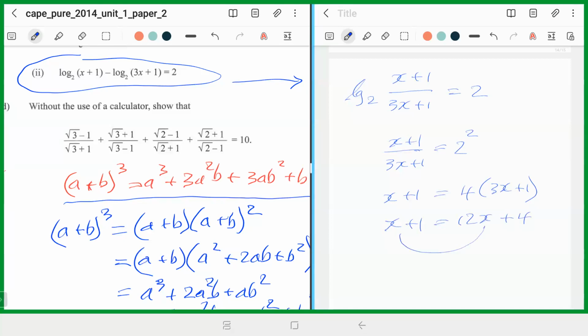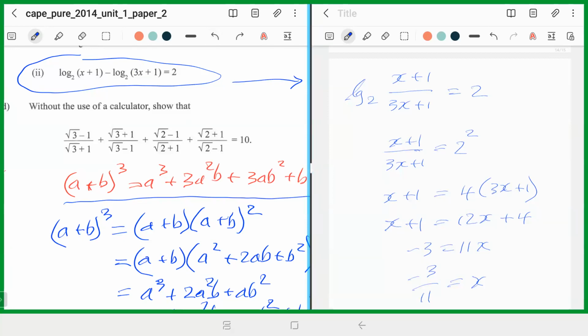Bring this over here, so we get 11x. Bring this over here, so we get minus 3. So therefore, x equals minus 3 over 11. And that would work here, because that will leave that positive. And also it will work here, because still that will leave that positive.